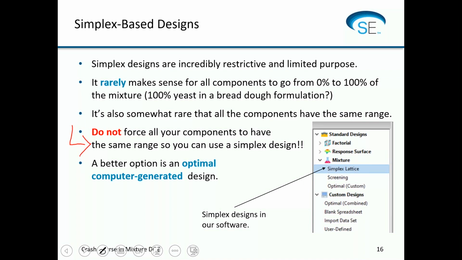They're essentially taking the problem and forcing it into this type of design, which I generally don't recommend. A better design, which we're going to talk about in just about 15 seconds, is using an optimal computer-generated design. And in our software, both in Design-Expert and Stat-Ease 360, if you're interested in using a simplex lattice design, it's found in the design tree under mixture. It's the first option there.